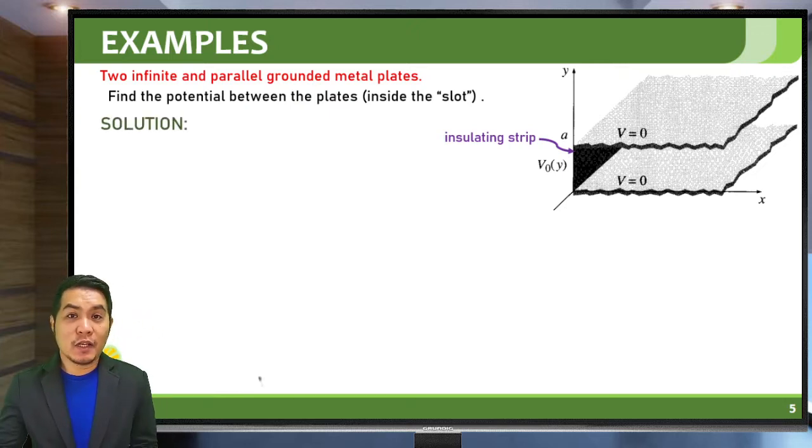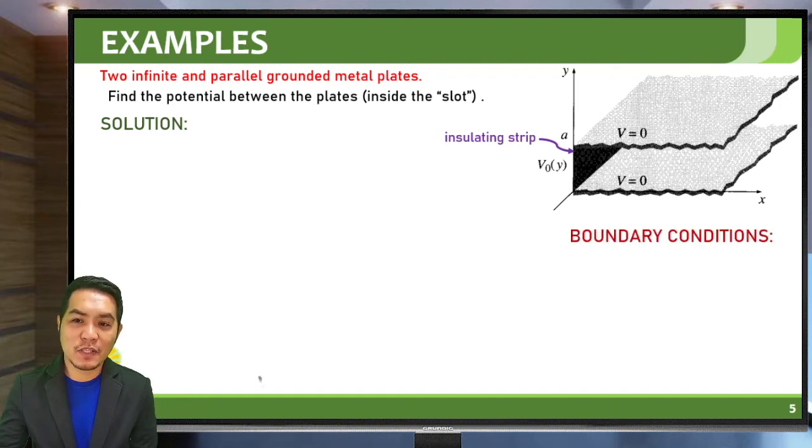In the technique called separation of variables, the first step in the solution is to always write down the boundary conditions first. So let's try to write the boundary conditions first. What are the boundary conditions for this problem?